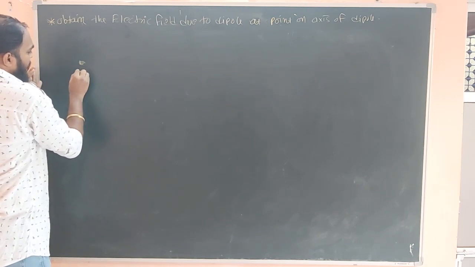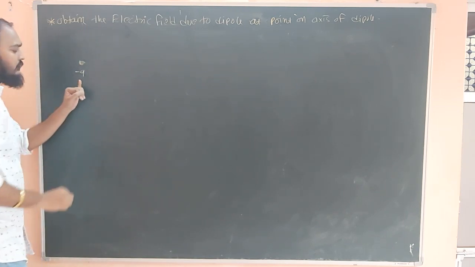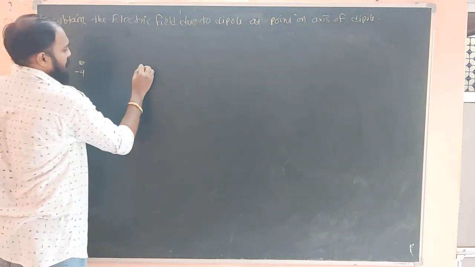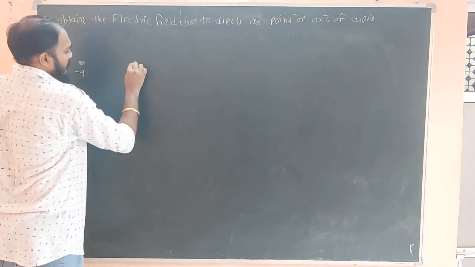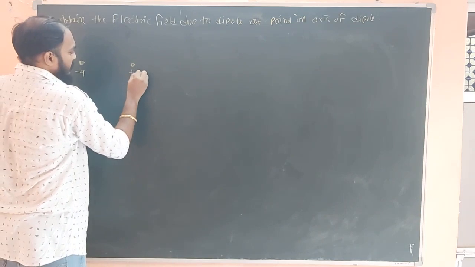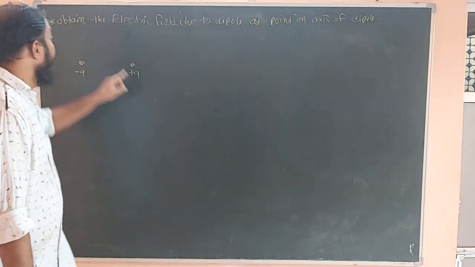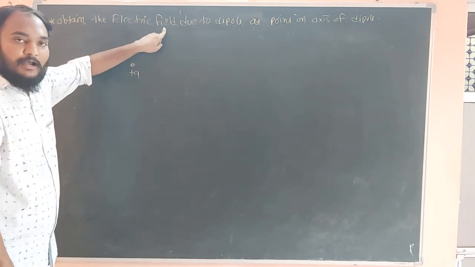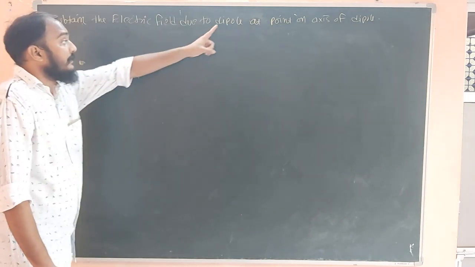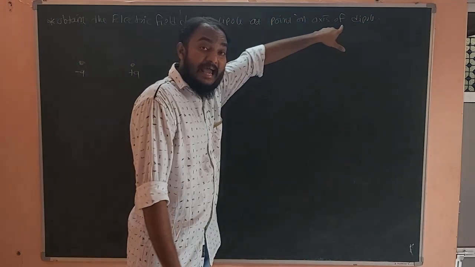Now let us suppose we have a dipole here. One charge is minus q, the other charge is plus q. Again, what we want to find? Obtain the electric field due to a dipole at a point on the axis of a dipole.